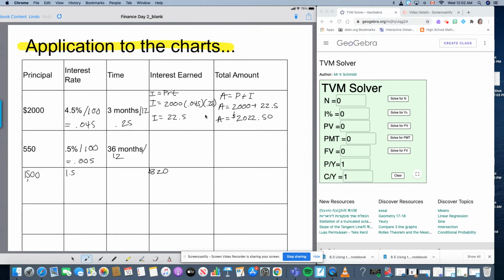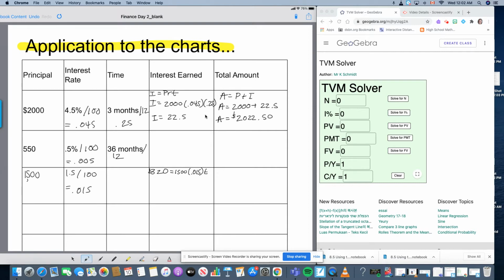So here we know our interest, we know our principal, which is $1,500. We know our rate, we're going to divide this by 100, so we know that this is going to be 0.015. So we're going to put that right here, 0.015.